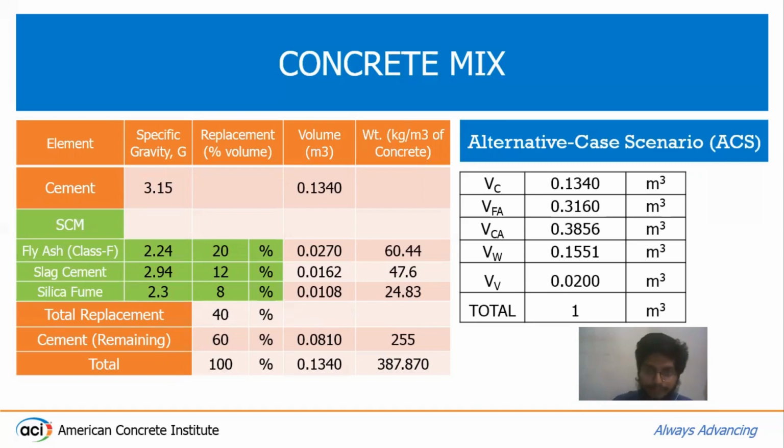Both for the base case scenario and the alternative case scenario, the cementitious material was the same, 387.870 kg per meter cube. The total volume of both scenarios was the same, 1 meter cube of concrete.